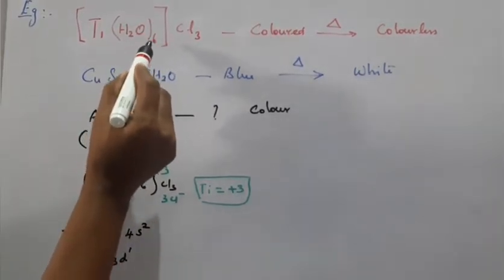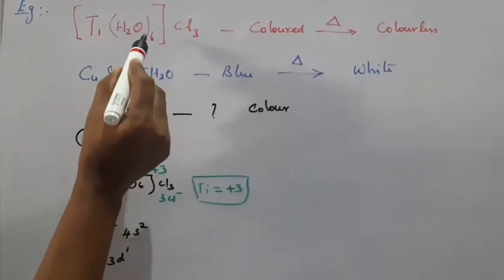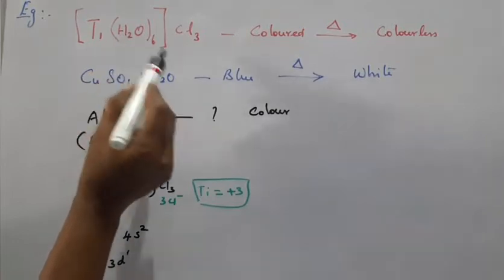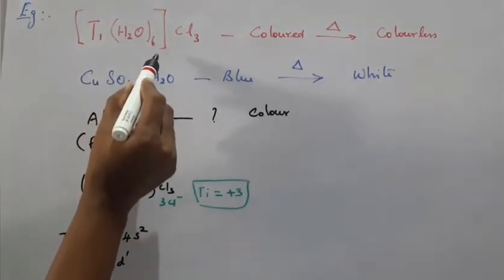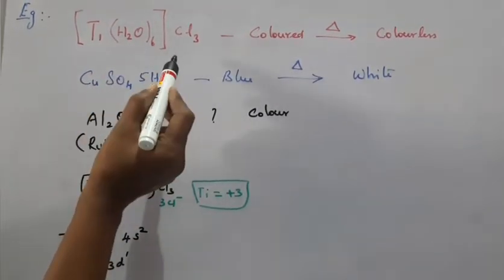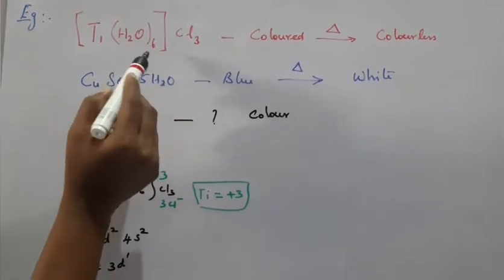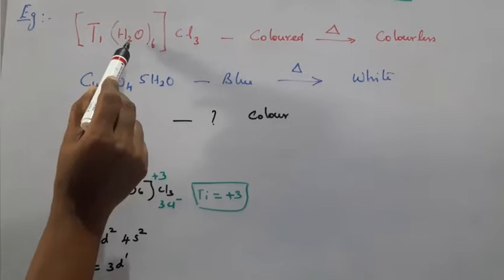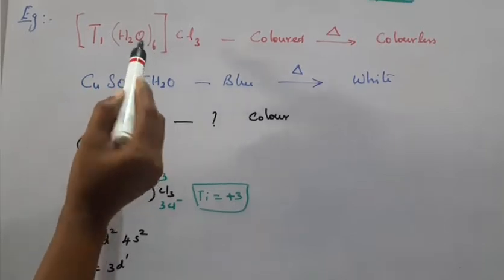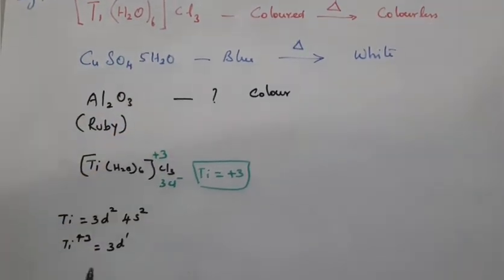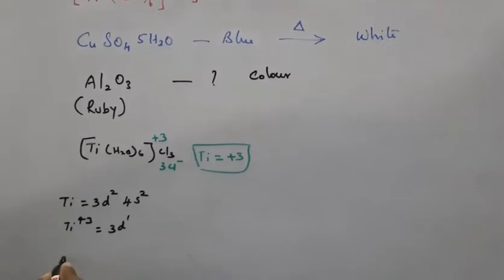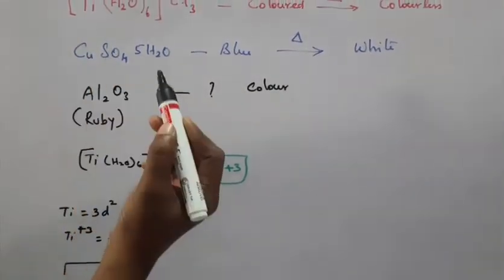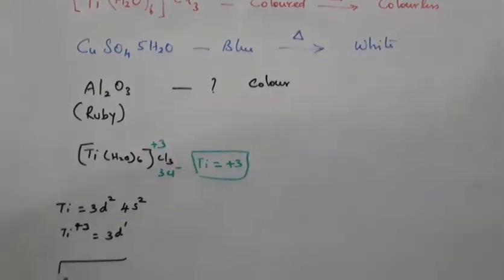Whenever you see coordination number 6, that complex will be octahedral. With 4, it could be square planar or tetrahedral, which depends on weak field and strong field ligands. Octahedral means it splits into the eg set and the t2g set.